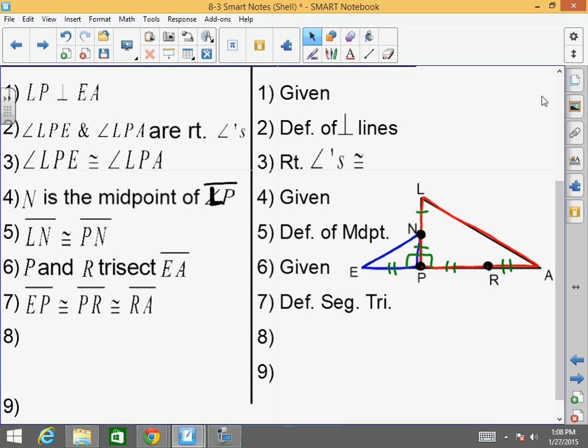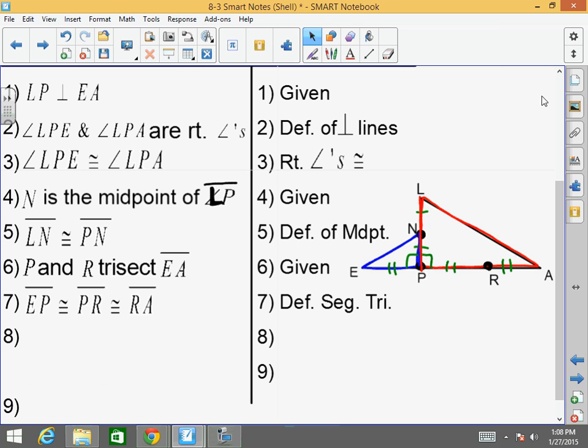Now here's where it gets a little funky. If you think about this, good job, by the way. I heard you say it, but I want to explain it. Do you see how this blue guy has one green tick mark, but LP here has two green tick marks?